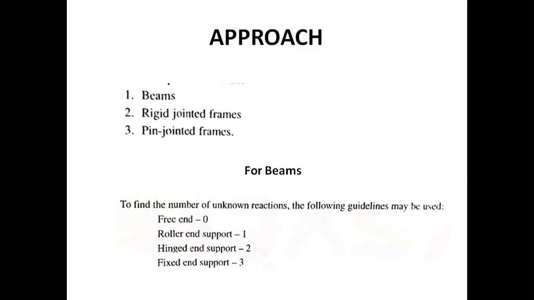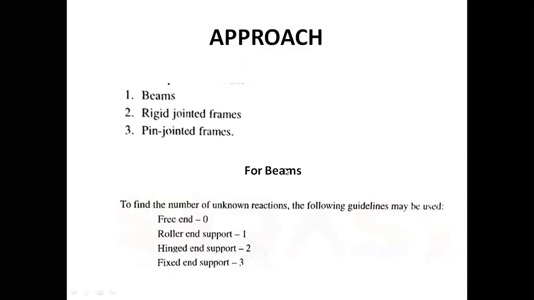They are hinged or pinned. So extra displacement is allowed to those joints. So basically, approach will be a bit different. Not the concept, the concept will be the same, but the approach will be a bit different. If you understand the concept, the things will be like butter for you.